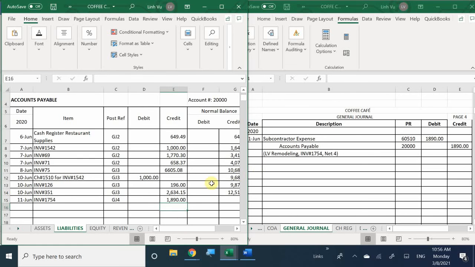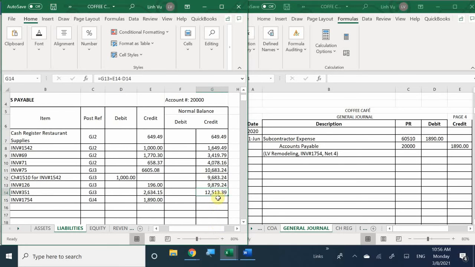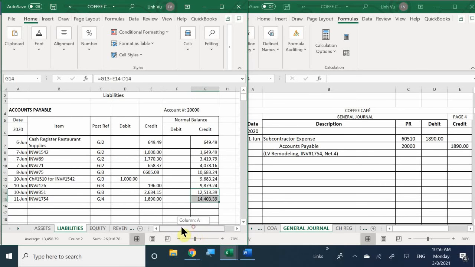Therefore, our account balance is now $14,403.39. So once again, we're just increasing our amounts right now; yes, we owe even more money.